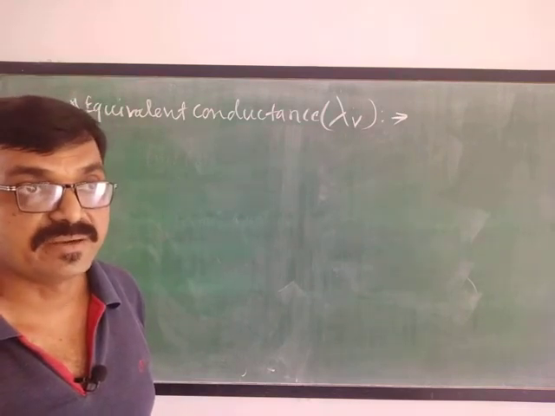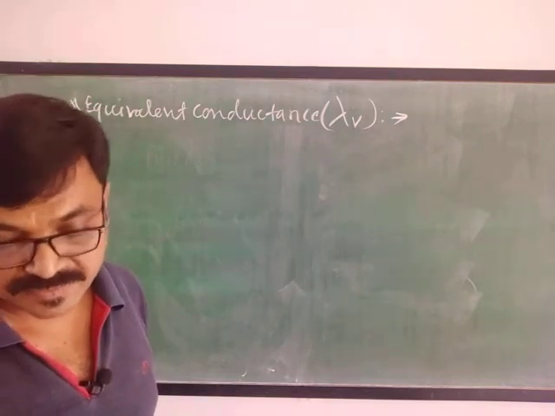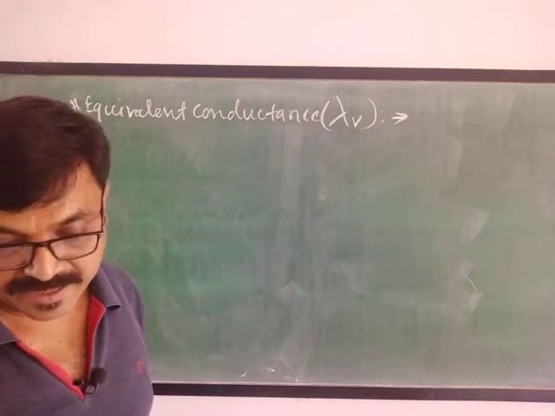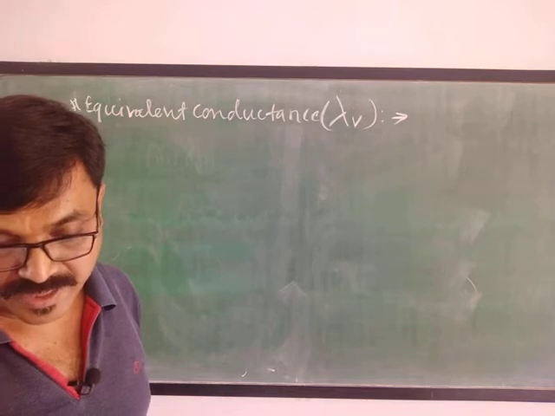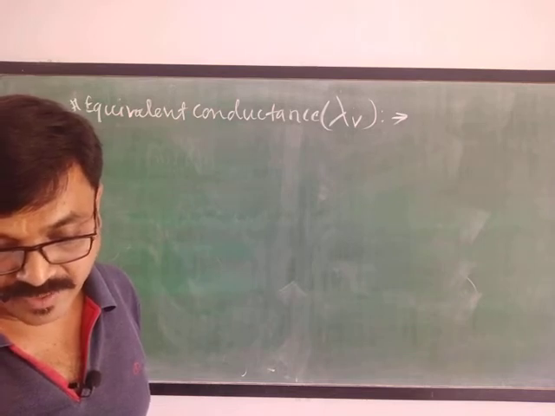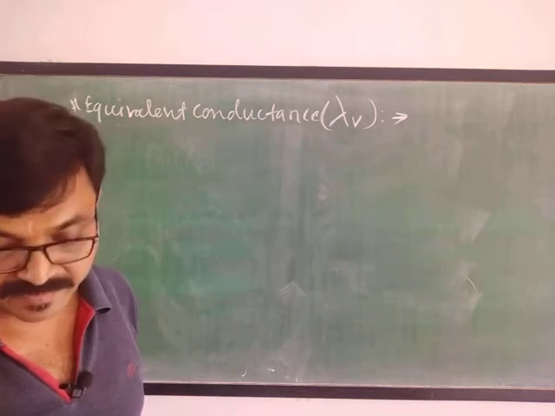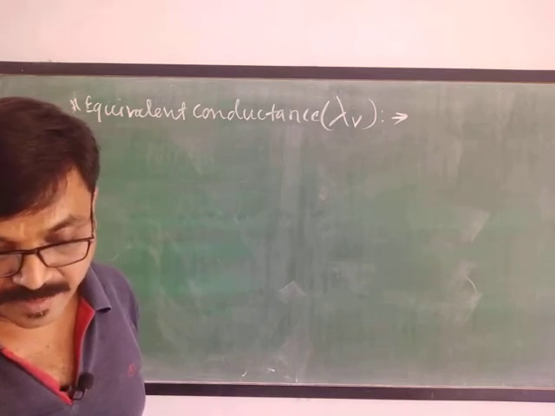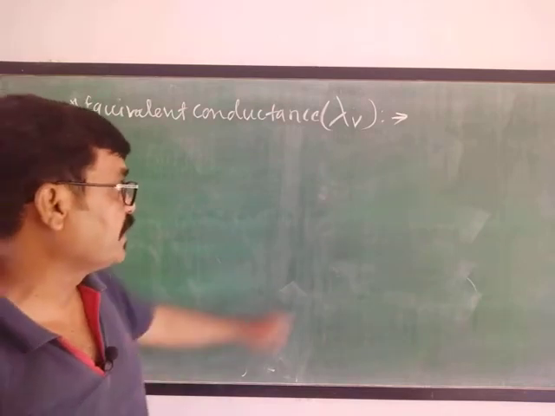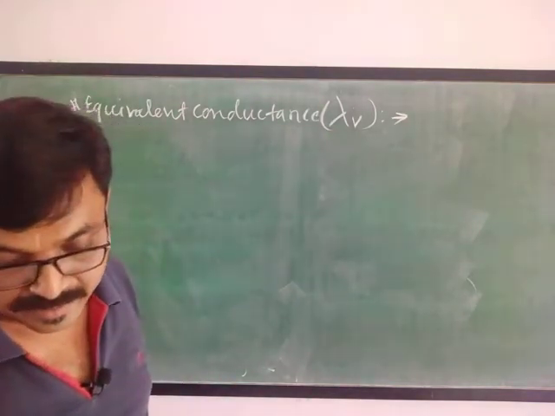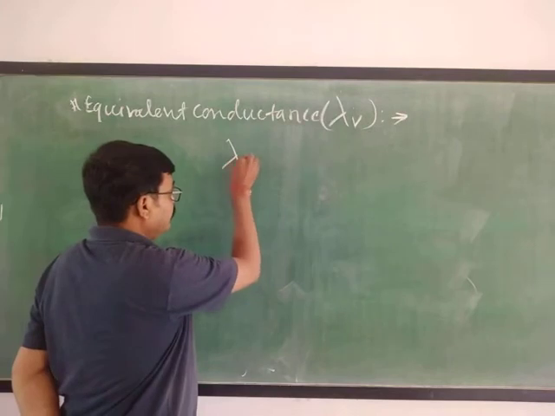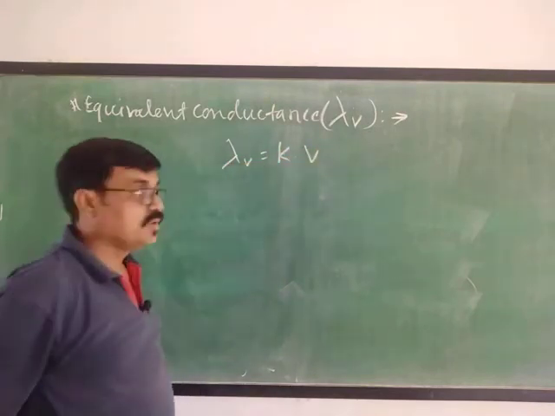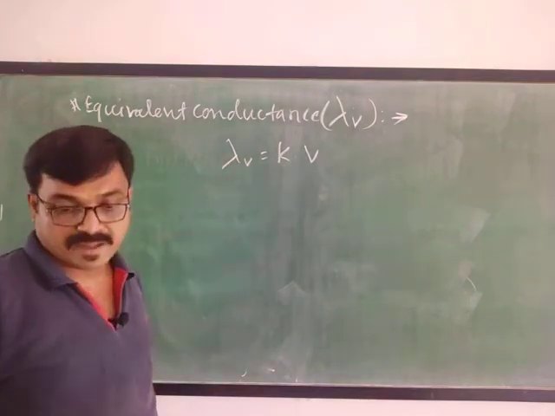Solution is kept there. Then the conductance of such a solution, means the equivalent conductance, can be defined as the conductance of solution containing 1 kg equivalent of an electrolyte placed between two parallel plates of electrode which are 1 meter apart, and it is denoted by letter lambda V, and mathematically lambda V equals kappa into V. You know what is the unit of kappa?